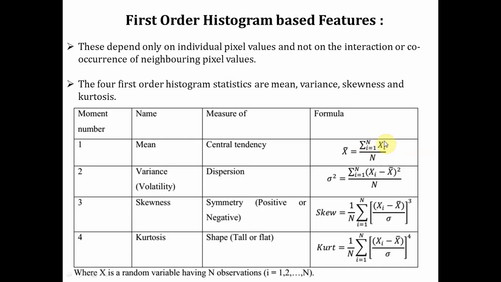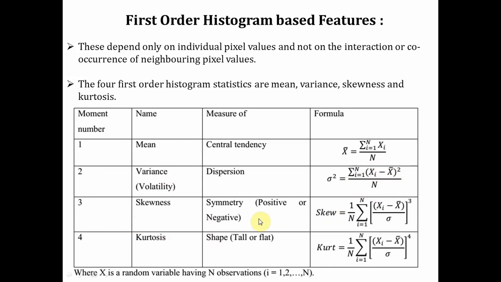You need to add all the elements from the image and divide by the total number of pixels. That will be the mean. And for the variance, these are the standard formulas for variance, skewness, and kurtosis. You have the mean value x bar. You subtract this mean value from the input element, square it, and divide by the total number of pixels, and you will get the variance or dispersion.